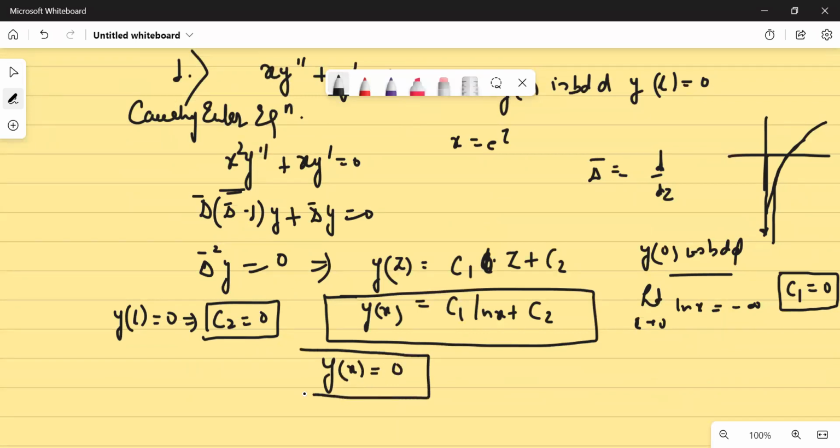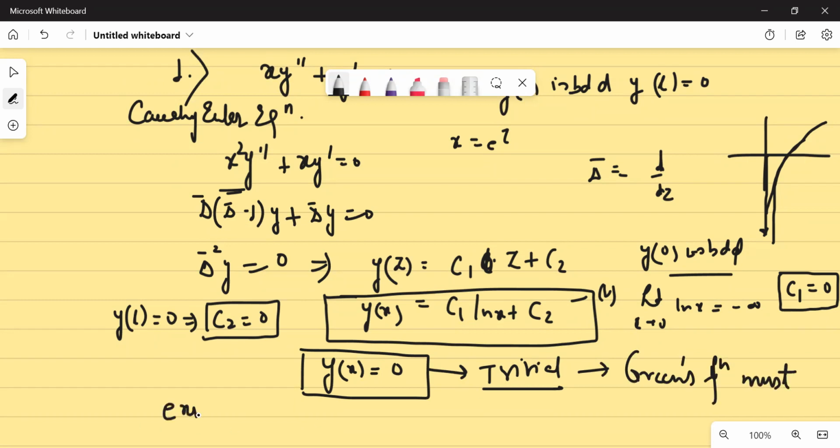It implies that when I was solving this particular differential equation, this is your equation number 1, along with the boundary conditions, the solution that turns out is y(x) equal to 0, the trivial solution. And since a trivial solution comes up by solving for y(x) with these boundary conditions, your Green's function should exist and should exist uniquely.